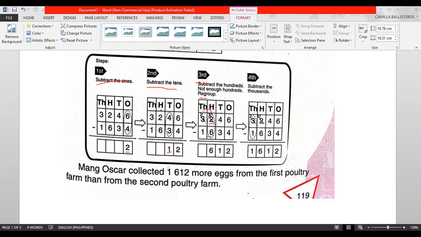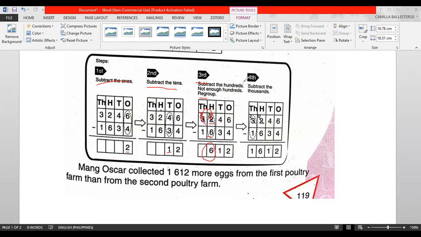So 3 becomes 2, and 2 here will become 12. 12 minus 6, can we subtract now? Yes, 12 minus 6 is 6.